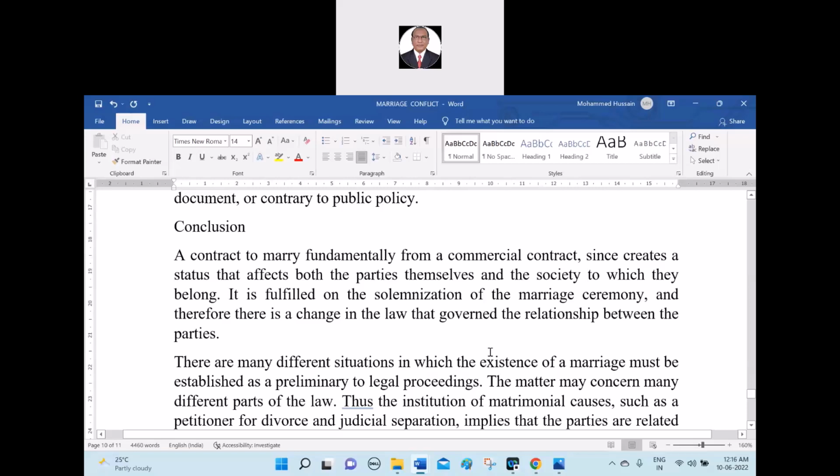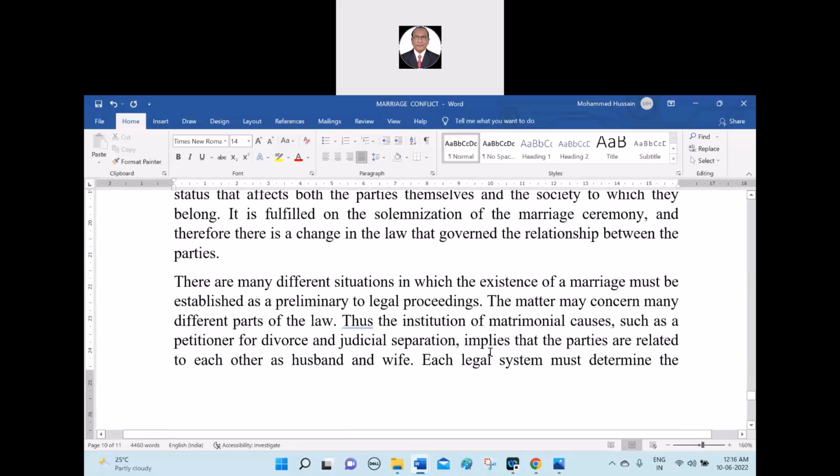There are many different situations in which the existence of a marriage must be established as a preliminary to a legal proceeding. The matter may concern many different parts of the law. Thus, the institution of matrimonial causes, such as a petition for divorce or judicial separation, implies that the parties are related to each other as husband and wife.